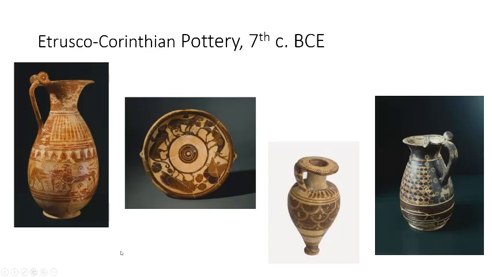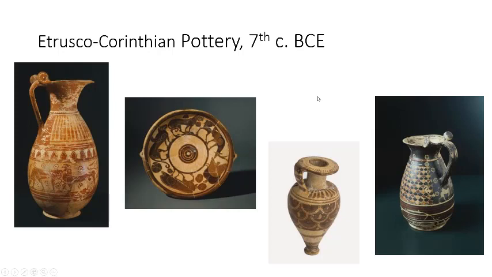Here's a few more examples of what we call Etrusco-Corinthian pottery. So it's pottery made very much in the Corinthian style, but made in Etruria. Presumably, some of them may well have been made by Greek artists that had immigrated to Etruria, but they're using Etruscan clay and Etruscan materials to create pots that sometimes look very similar to pots being created in Corinth in the 7th century.